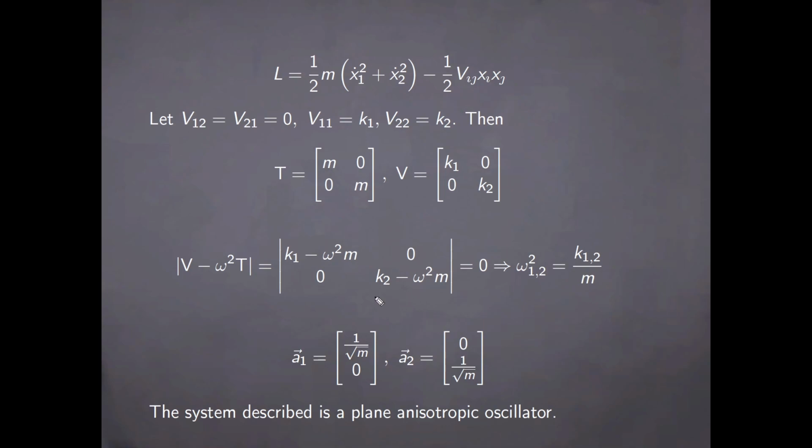And the corresponding eigenvectors we can see immediately as having the components given here. So the system described in this situation really is just a plain anisotropic oscillator. So it's a two-dimensional oscillator with different spring constants on two orthogonal directions.